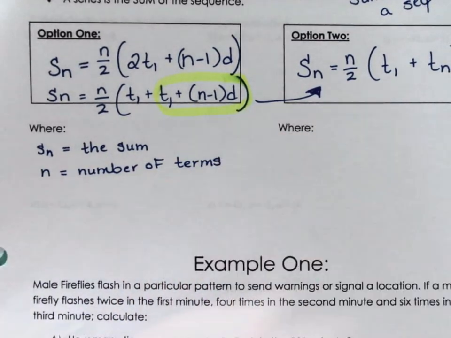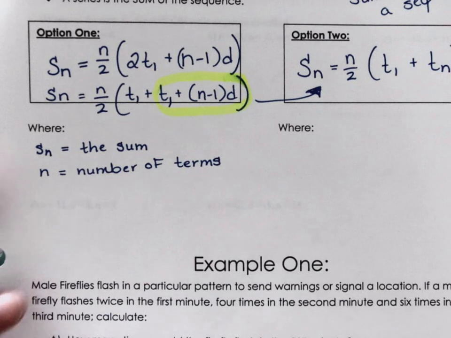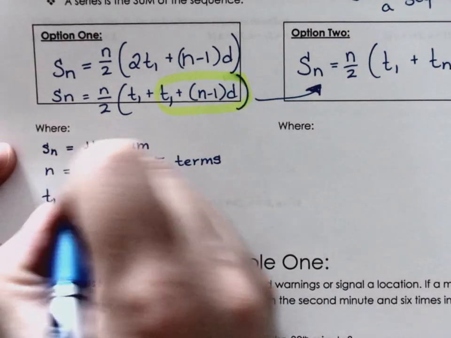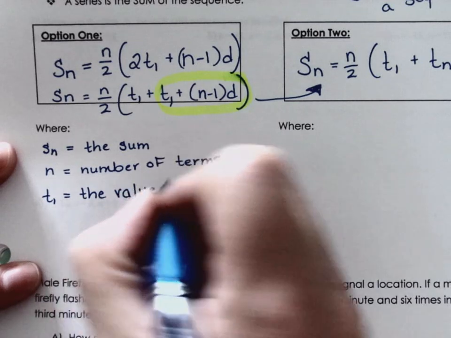So n still represents the number of terms. If you're looking for the 20th term, your n is going to be 20. If you're looking for the sum of the first 20 terms, then your n is still going to be 20. It's just you're asking it to do something else. T1 is the value of the first term.